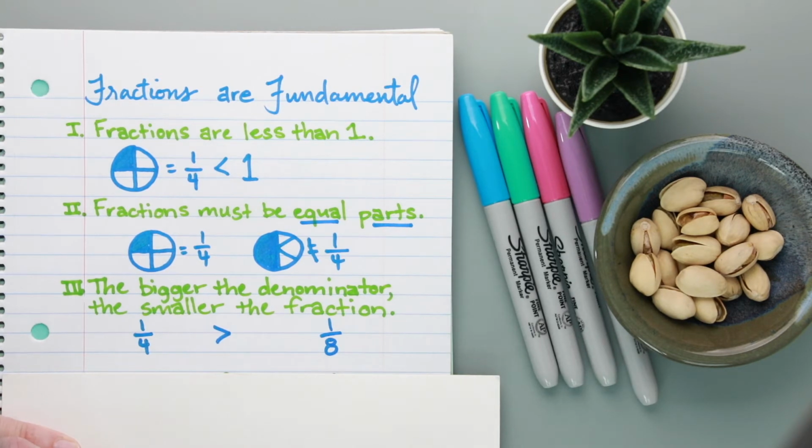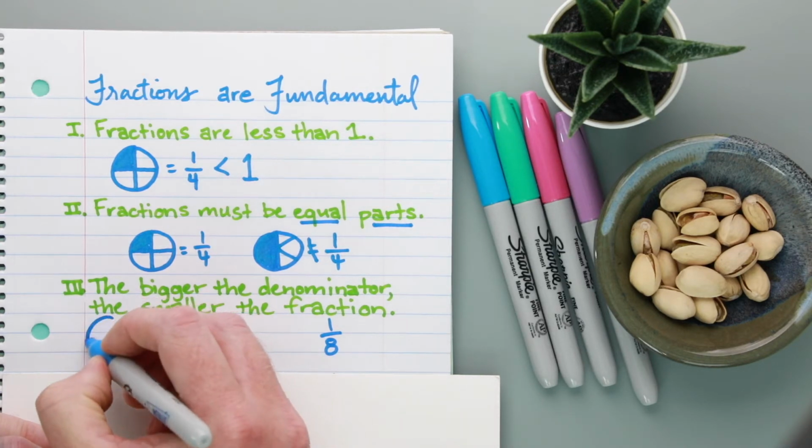Now, it seems like it should be the opposite. 8 is larger than 4, right? Well, here's how to look at it. If you have 1/4, you're sharing with 4 people. 4 people are sharing that 1 whole. Over here, you have 8 people sharing the same 1 whole, which means that each one of them is getting less.